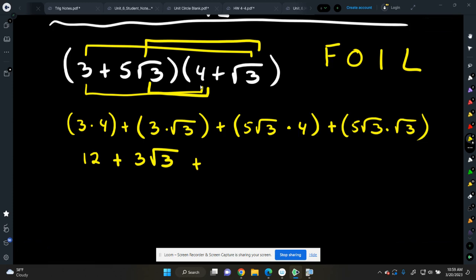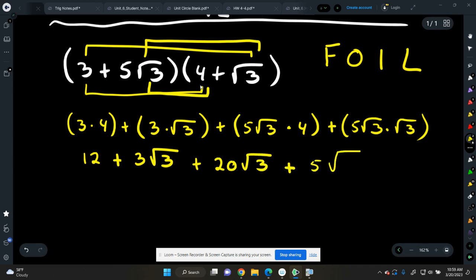You could do 5 times 4. So we have 20 root 3 plus, okay, now we've got 5 times the square root of 3 times 3. Okay, we can bring the 3's out. Now this leads me to just a shortcut, right?